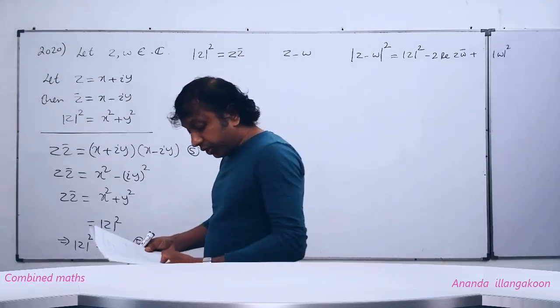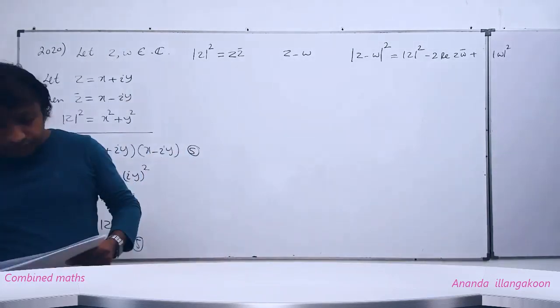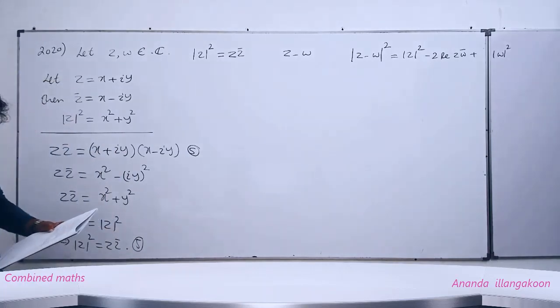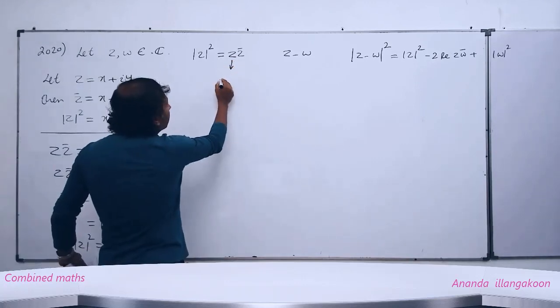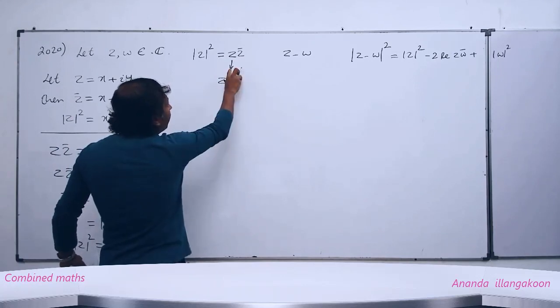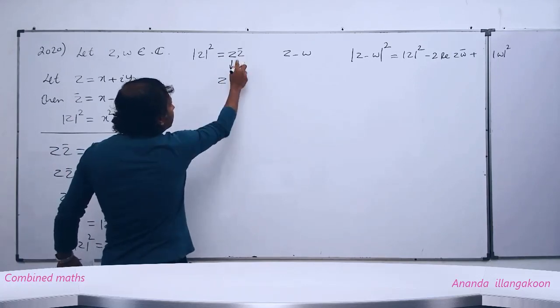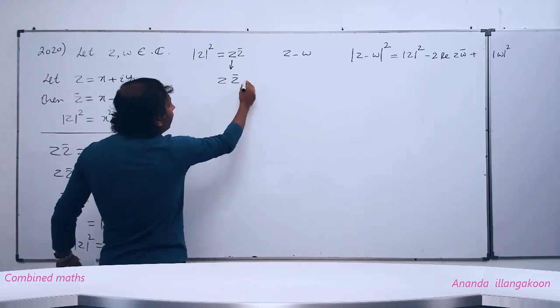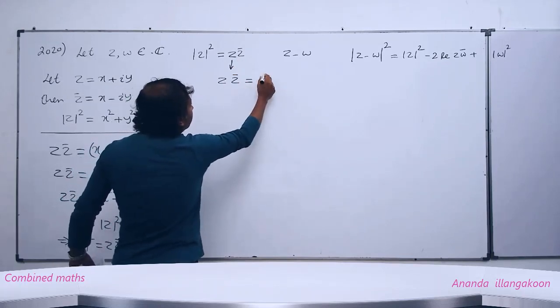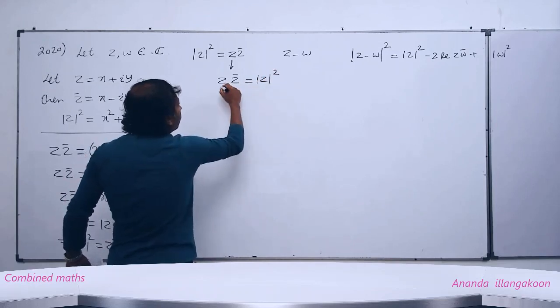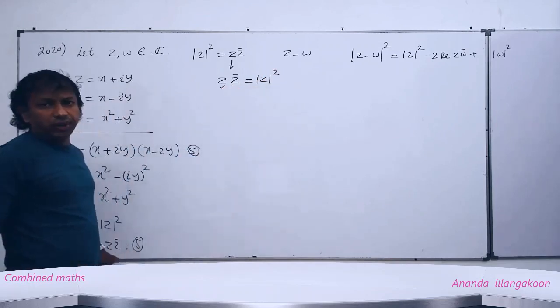Okay, the next part is applying it to z minus w, right? Now, when we consider a complex number z, when z is multiplied by its conjugate, what you get is the perfect square of the modulus of z, mod z squared.